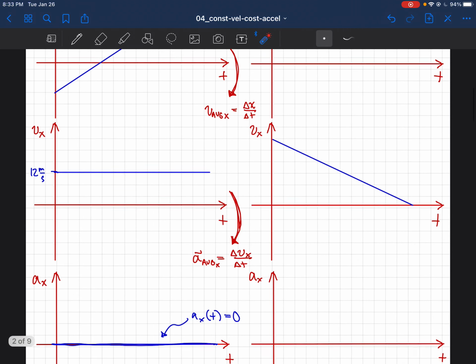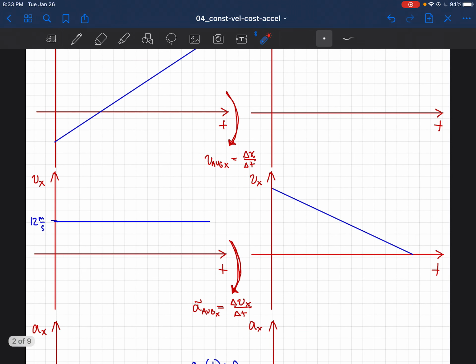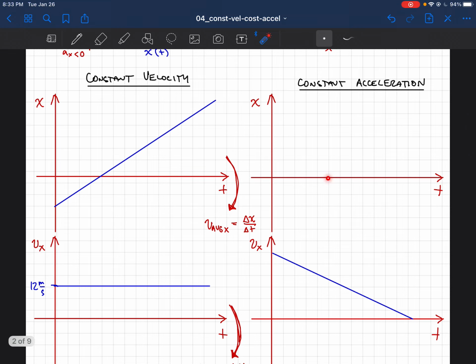Okay, now what is the position? Well, now we see that the velocity is decreasing all the time, which means that the slope of the x versus time graph should be decreasing all of the time. So the slope is decreasing. However, what's the value of the slope?